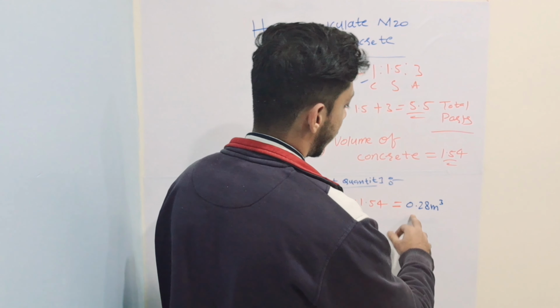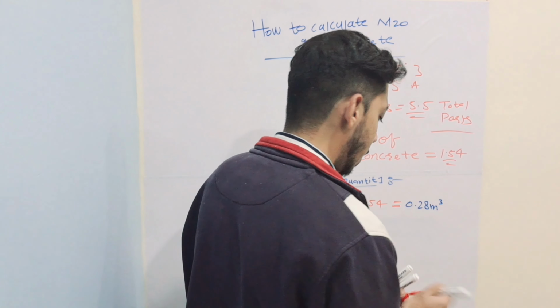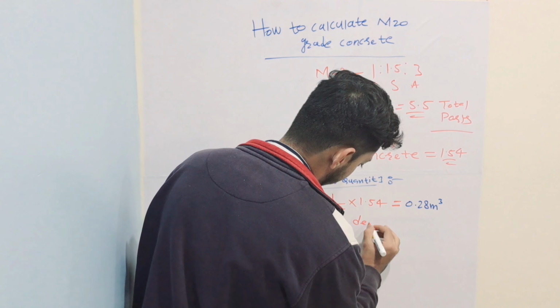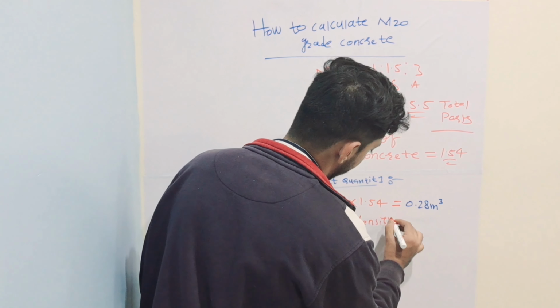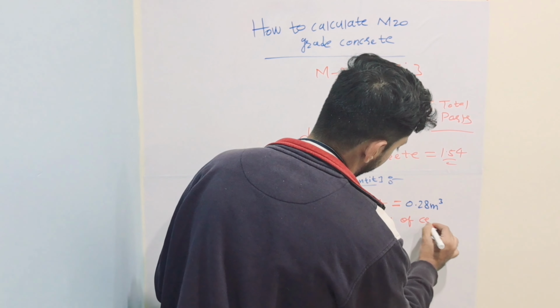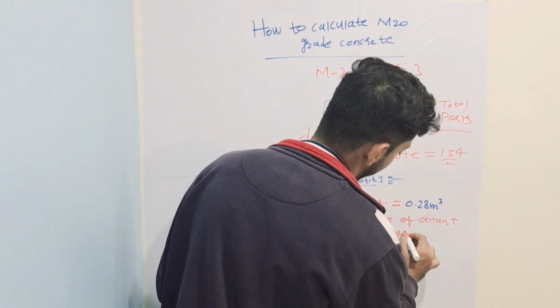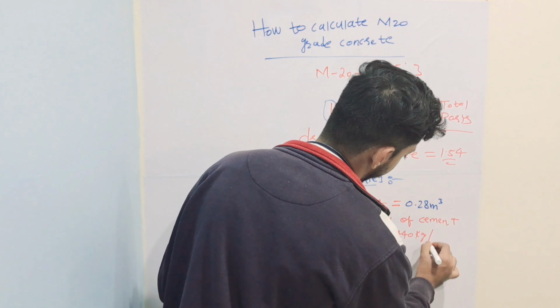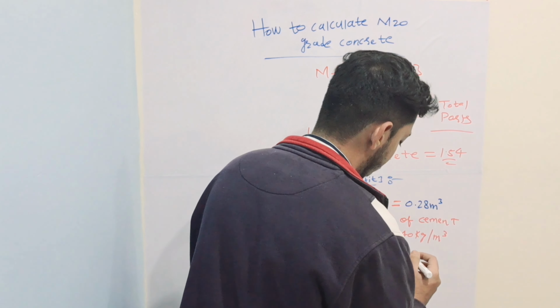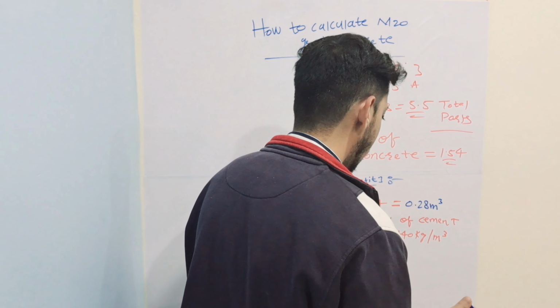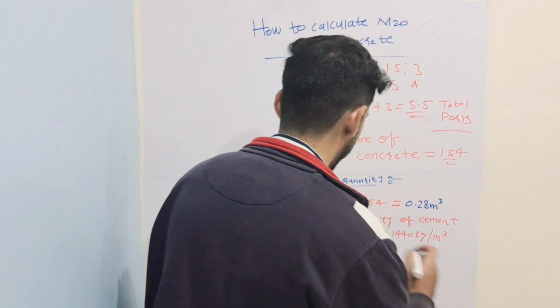After knowing this, we should find the quantities. We know that we got 0.28 meter cube. Now we need to know the density of cement, which is 1440 kg per meter cube. Now we know the weight of one cement bag.